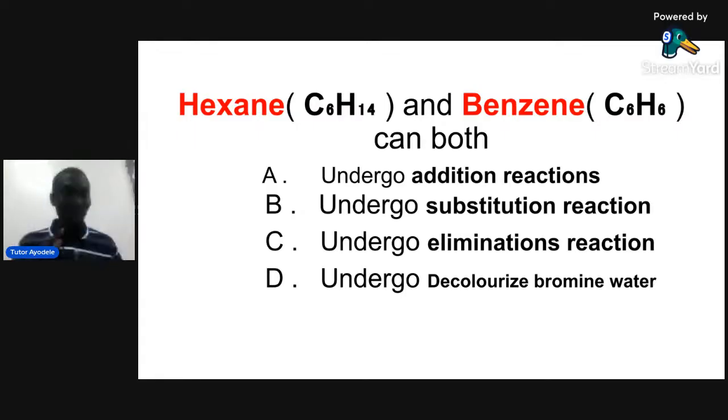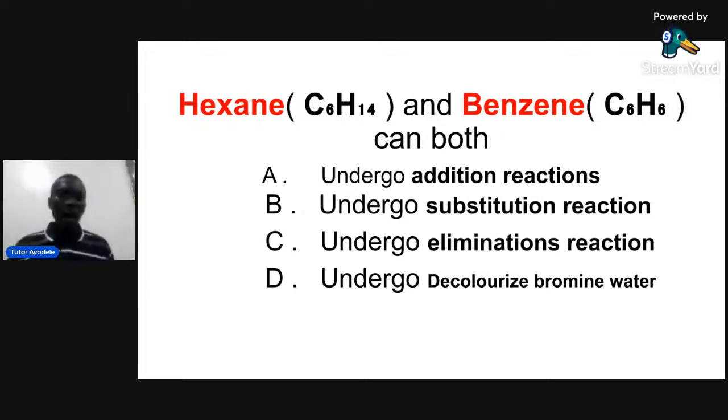Alkenes, alkynes, cycloalkenes, and cycloalkynes, they are unsaturated, and they undergo addition reaction. But benzene, an aromatic, is different. It undergoes both addition reaction and substitution reaction.